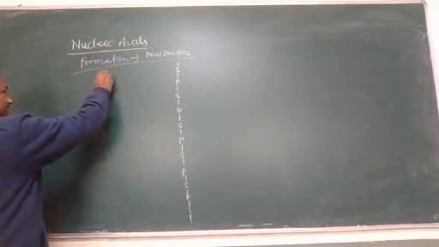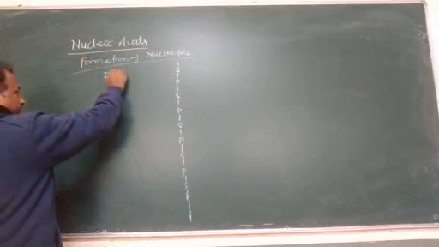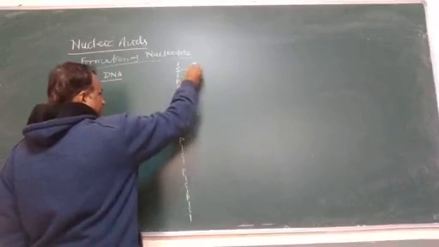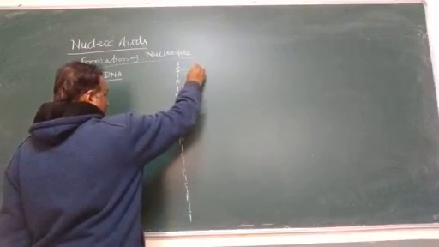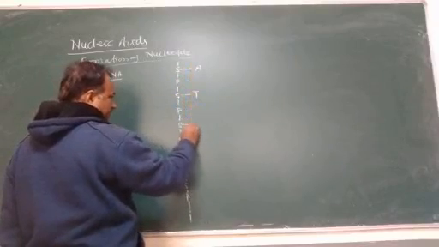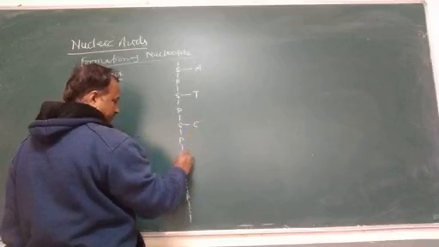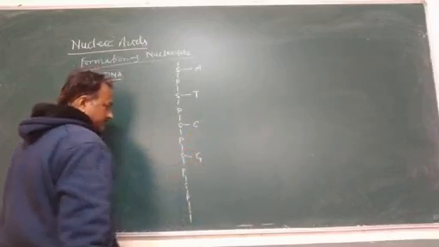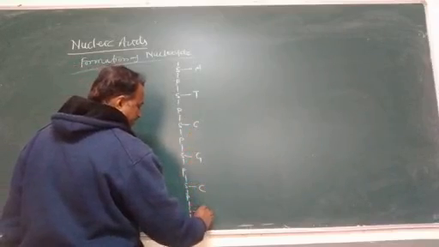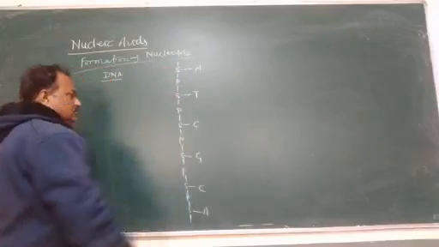This I am writing for the DNA, and here at the sugar, let it be adenine, here thymine, here cytosine, here guanine. Here there can be cytosine, here there can be adenine.